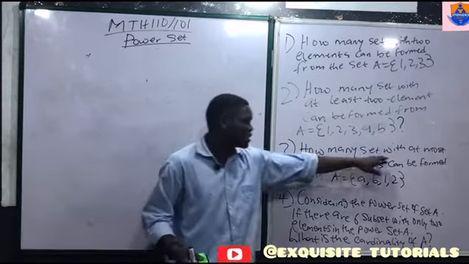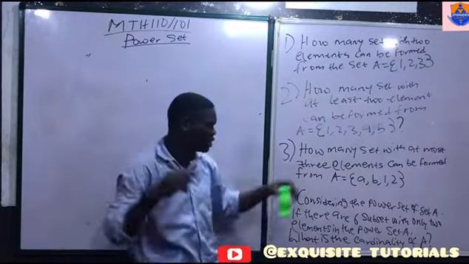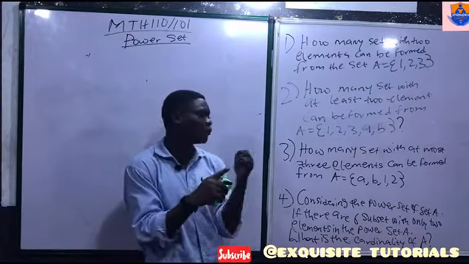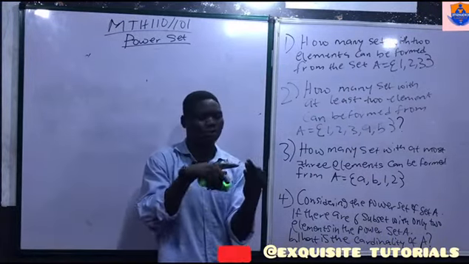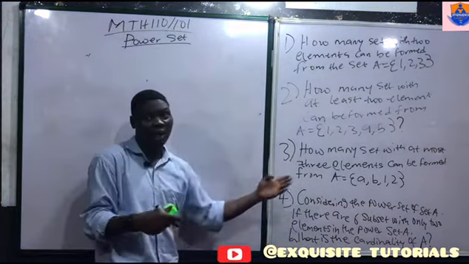At most means that's the highest you can go, 3 elements. Meaning that you can have 3 elements, you can have those that have 2 elements, and you can have those subsets that have 1 element, and those subsets that have 0 elements, which is just our empty set.